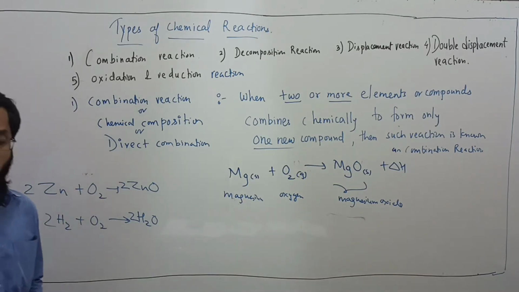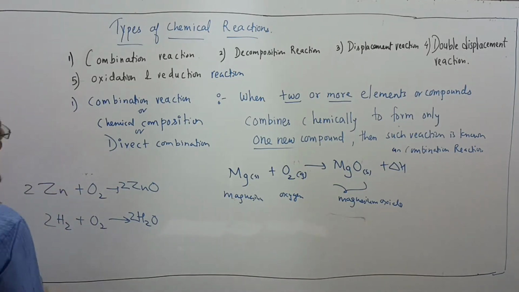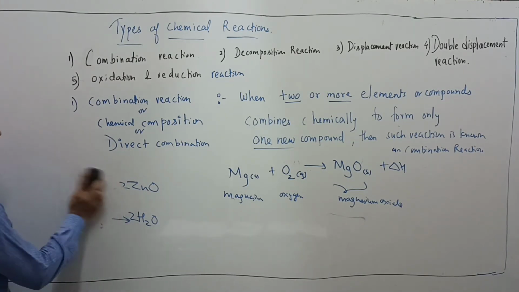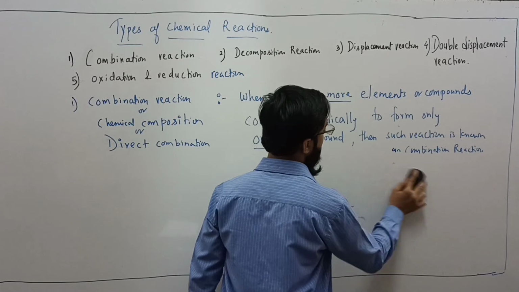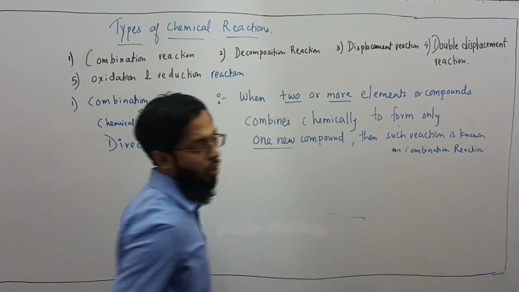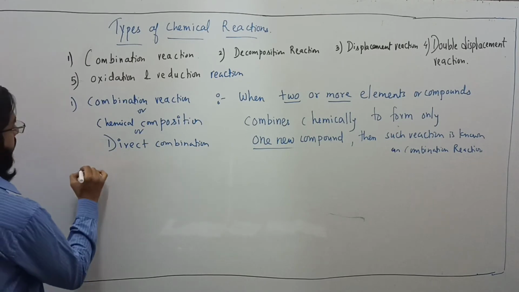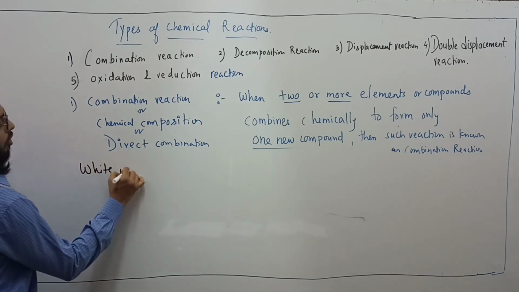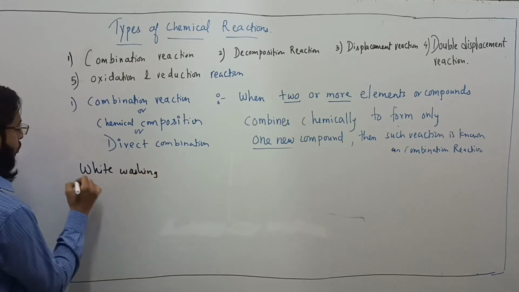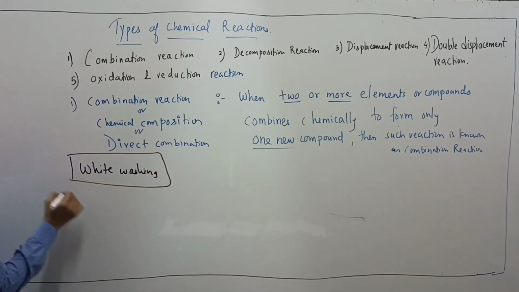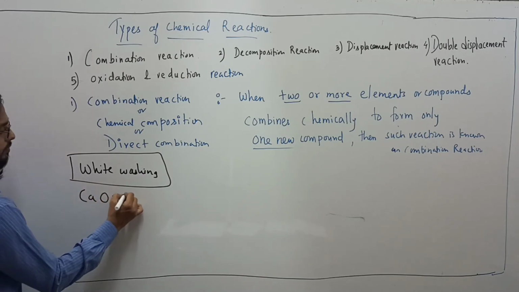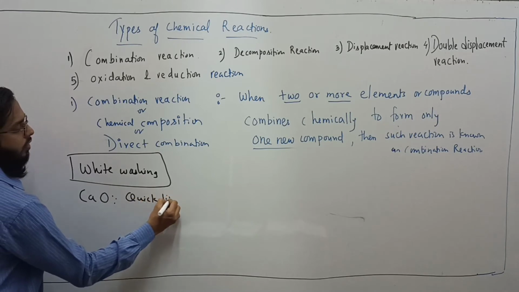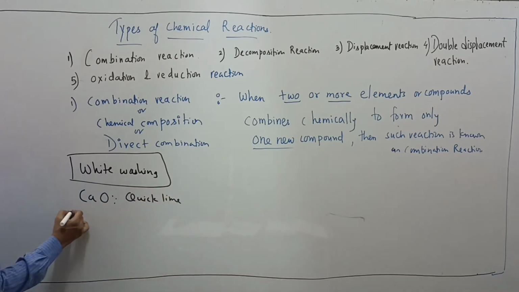Okay, dear students. Now let's talk about a day-to-day life application of quicklime. Quicklime is actually calcium oxide, which reacts with water to form lime water. Let's talk about whitewashing of buildings. Before that, I want to tell you what is quicklime. Quicklime, in day-to-day life we call it chuna.